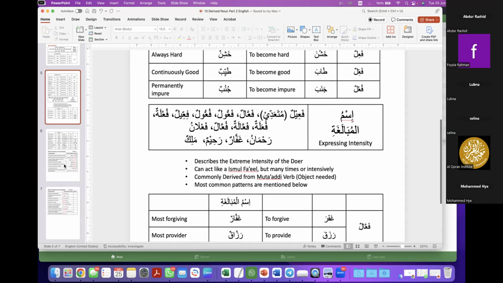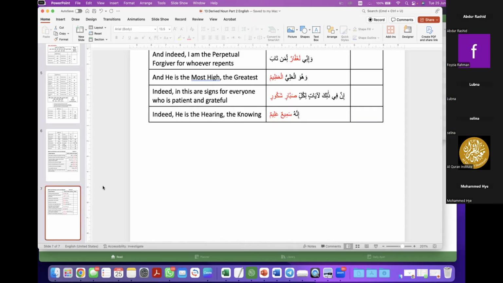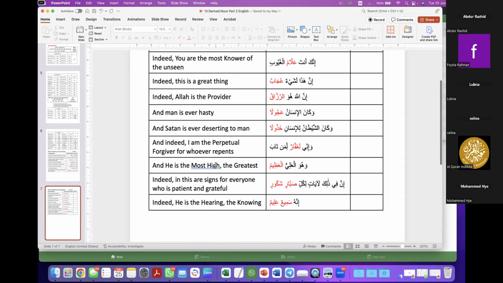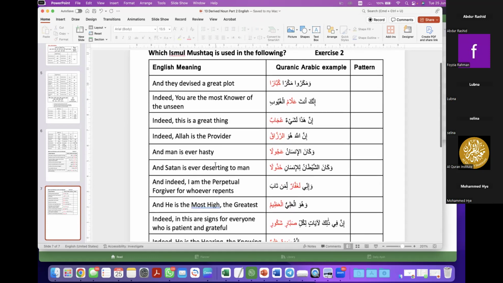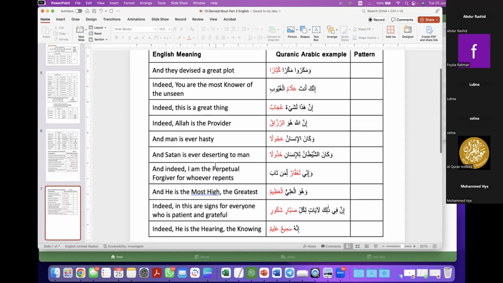So Mahmoud, I'm looking for this word, the first one. Wa makaru makarallahi, I know. But I could not find wa makaru makaran kubbaran. Kubbaran, I cannot find in the Quran. You don't have to.